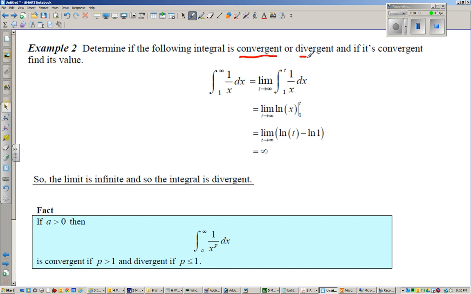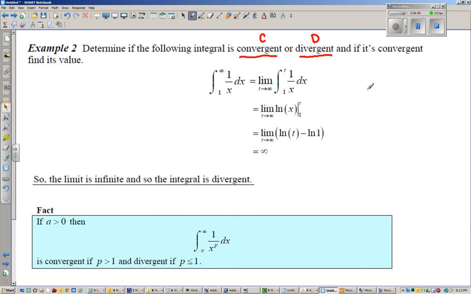Divergent means that it goes to infinity and there is no total or answer. So the instructions will say determine if it's convergent or divergent. We'll start using the letters C, capital C, or D to indicate convergence or divergence. And we're asked that if it's convergent to solve for its value.